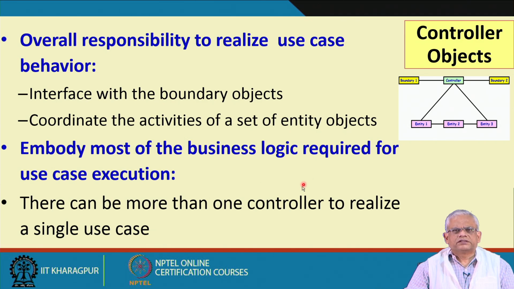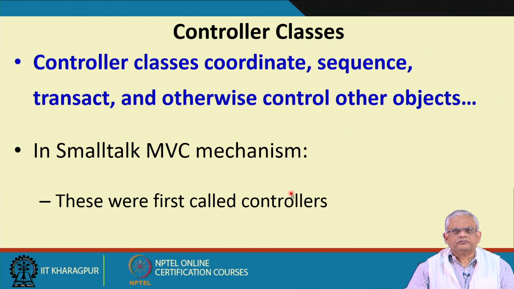To handle this situation, we might have to split a controller object into multiple objects. In this case, the use case will have multiple controllers, but as a rule, we will start with one controller per use case, and later, during refinement of the design, we might split some of the controllers.